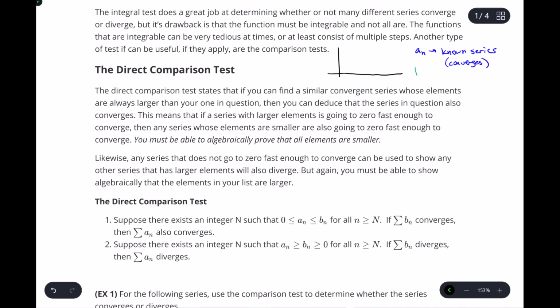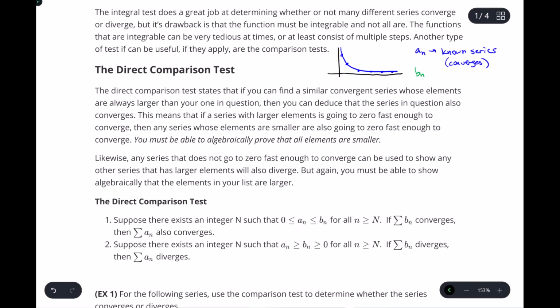And then we have b sub n. So it's just another series, but we don't know what happens. All right, now, a sub n, all of those terms of the sequence go to 0, and I'm drawing this as a curve. Of course, it would be just points, but I'm drawing the elements as a curve.